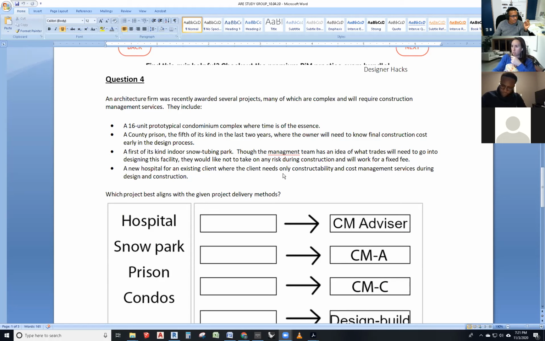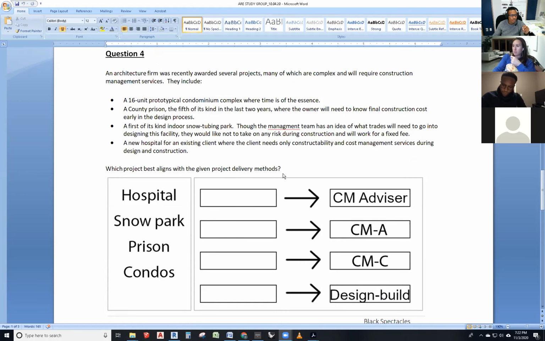They would like not to take any risk during construction and will work for a fixed fee. A new hospital for an existing client where the client needs only constructability and cost management services during design and construction. Which project aligns with the given project delivery methods?